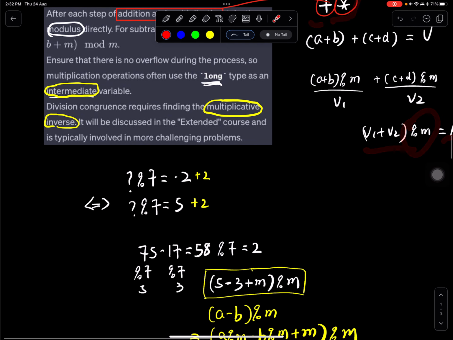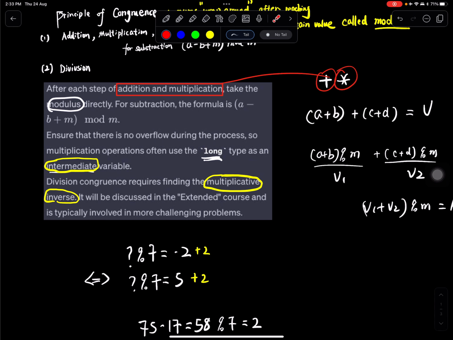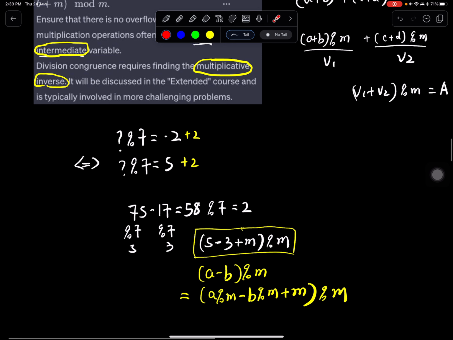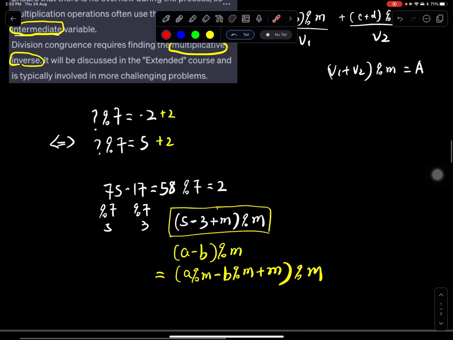Then for the negative situation, you can see that any number mod 7 equal to minus 2, or mod 7 equal to 5, is the same, because the difference of 2 plus 5 is a multiple of 7. Essentially it's the same.